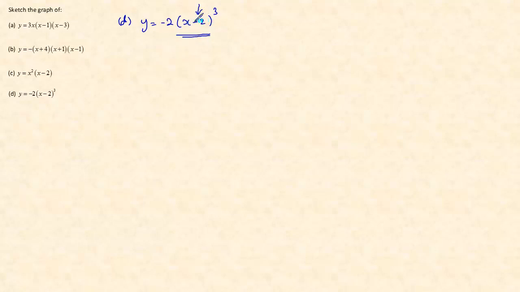If we expanded this bracket, x cubed would be positive times by the negative 2. That means it's going to come like this, and we're going to have a point of inflection in here. So as we've discussed, our x-intercept, we've only got one here, is at 2, and that's where there's a horizontal point of inflection.